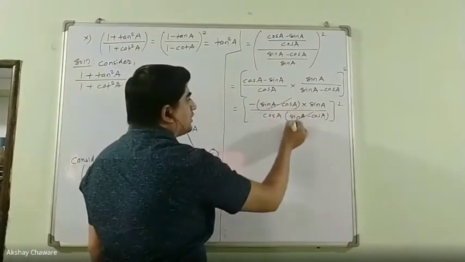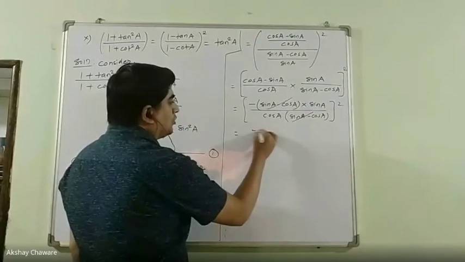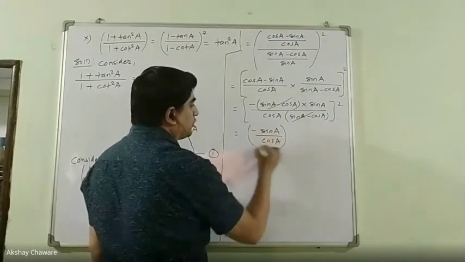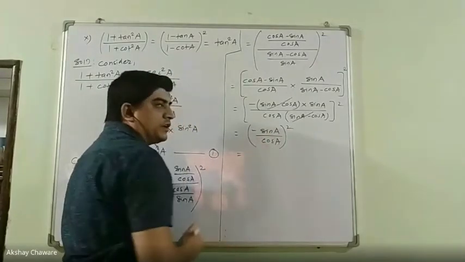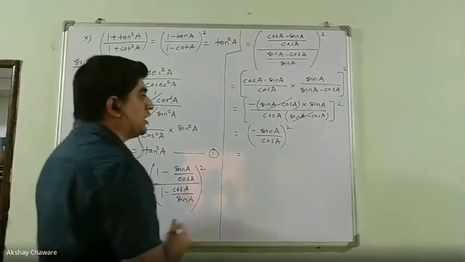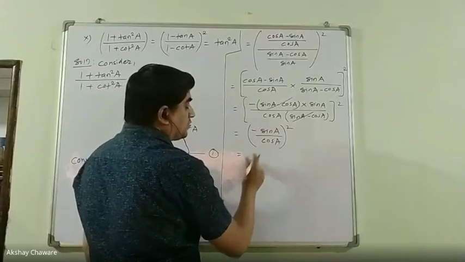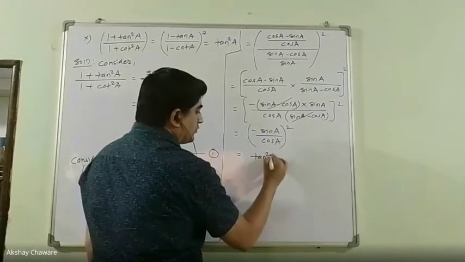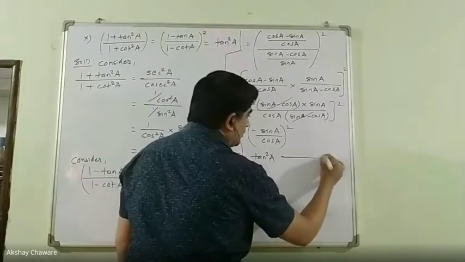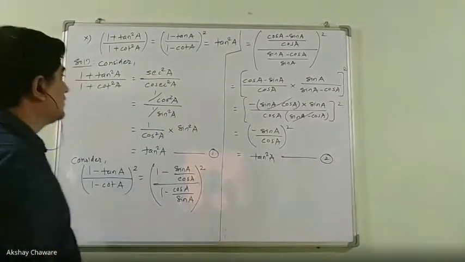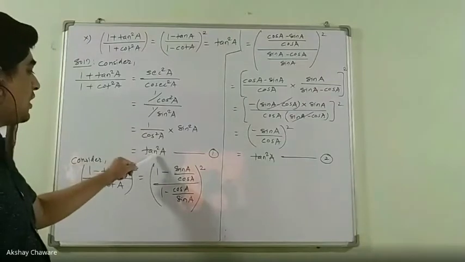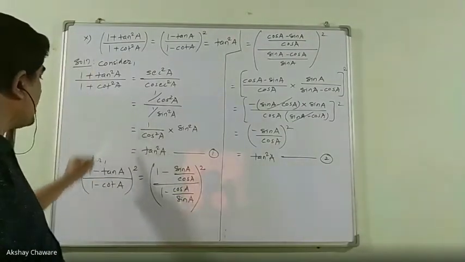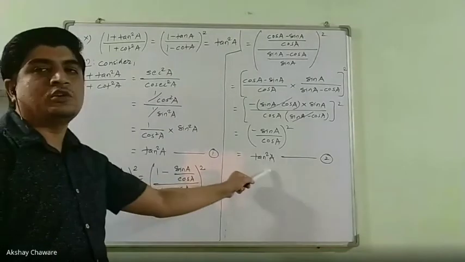So these two brackets get cancelled, and you will get minus of sine A upon cos A whole square. Now the square of a negative is always positive, and sine A upon cos A is tan A. So it will be tan square A, and that is equation number 2. So this is also equal to tan square A, and this is also equal to tan square A. So these two are equal to each other and equal to tan square A.